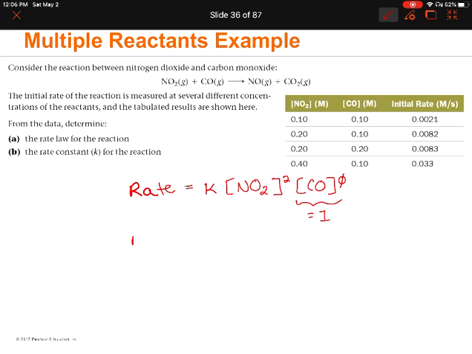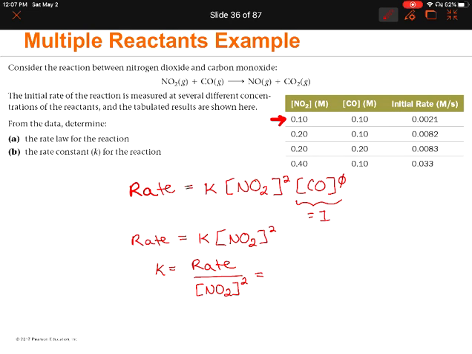So really, we can narrow down the rate law to k times NO2 squared. And now we can rearrange for k. So k should equal the rate divided by NO2 concentration squared. And then we just pick a set of data to plug in. So let's just pick our first row.